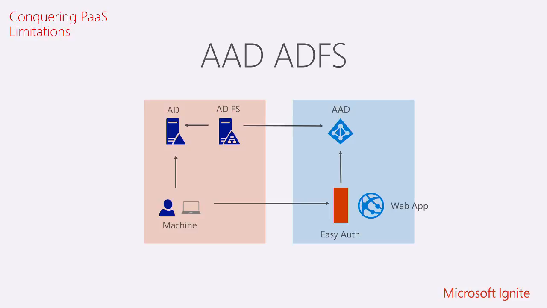All the requests coming to your web application will be filtered by this module, which will block the traffic. If a request comes in, it will check: is this user authenticated? No, then check with Azure Active Directory. Azure Active Directory knows that it's connected to ADFS, so it will check with ADFS. ADFS will check with Azure Active Directory.